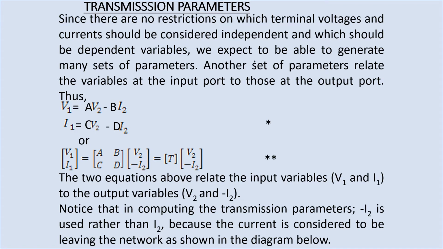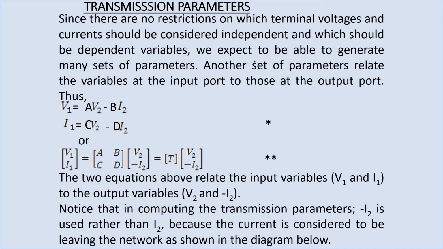one of the parameter sets used to analyze the two-port network, and the formulas are V1 equals A V2 minus B I2, and I1 equals C V2 minus D I2.